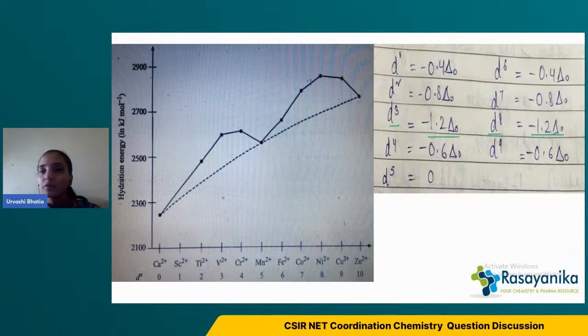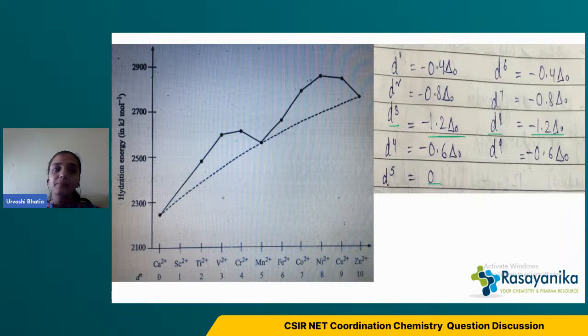If we want to differentiate between vanadium and manganese, we see in the graph that for manganese the CFSC is 0, and therefore the experimental and theoretical hydration energies are the same. They lie on this dotted line itself. But the hydration energy of vanadium is higher as compared to manganese. Why?